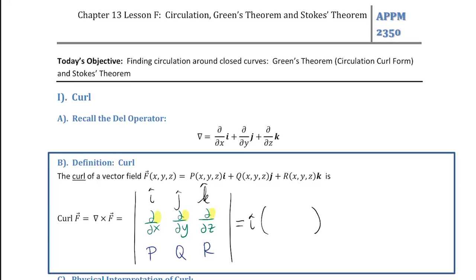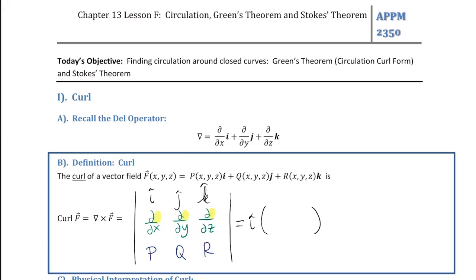And what we mean by taking the cross product in quotes of this operator vector with P, Q, R is, normally when you take the cross product, let's look at our i component. We would normally take the product of these two terms minus the product of these two. But instead of the product, now we're going to apply this operator to this function minus applying this operator to this function.